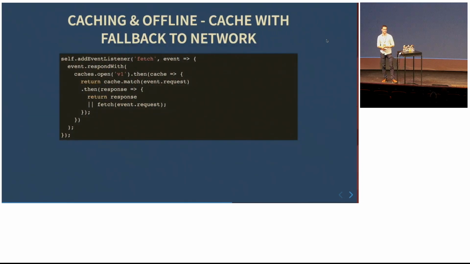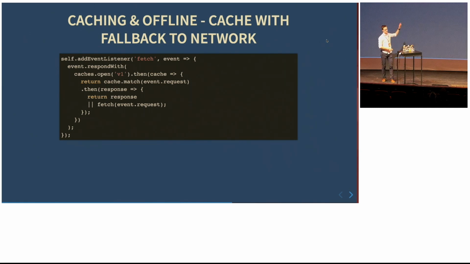If you do want to cache resources offline, you can have a cache with a fallback to the network. So you try the cache first, and if that doesn't work, you can always try the network to see if you can fetch it. So what I do here in the event respond with, you see the caches.open with a v1. That's just a version number for your cache, so you can clean your caches when you need to.